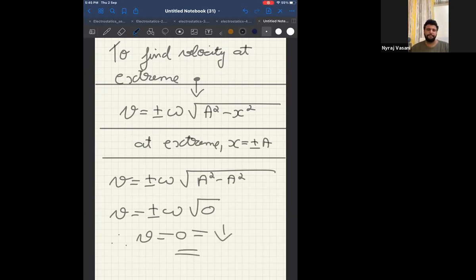Got this answer? Therefore, velocity at extreme position is 0. Make a note of this derivation. Velocity at extreme position is 0.